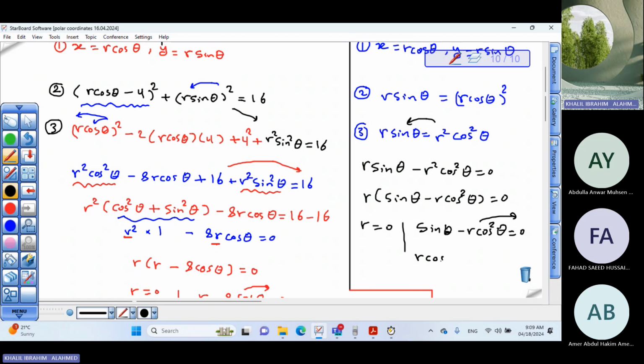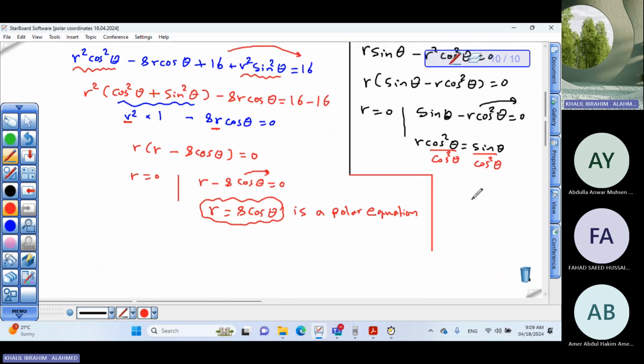r cosine squared theta equals sine theta. Okay, divide both sides by cosine squared theta to get the answer: r equals sine theta over cosine squared theta.